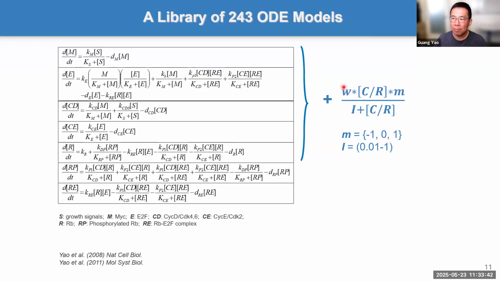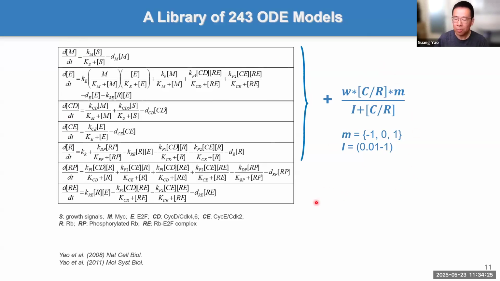W is the effective synthesis rate, to match the effective synthesis rate in the original model, and the half-saturation constant controls how sensitive the term is to Cry and RIV-ERB concentration, because we have different doses, different ways to activate Cry and RIV-ERB. We apply this to all 5 terms, corresponding to the MYC, E2F, cyclin D-CDK, cyclin E, and RB modules.